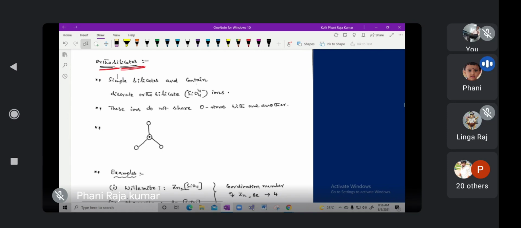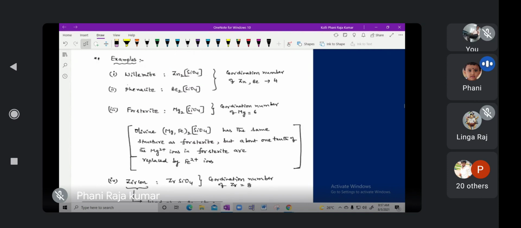Only one unit, the SiO4 4 minus unit, is available. These ions do not share oxygen atoms with one another. Without sharing, one discrete unit is available. From now on, orthosilicate ion means we write the SiO4 4 minus ion.